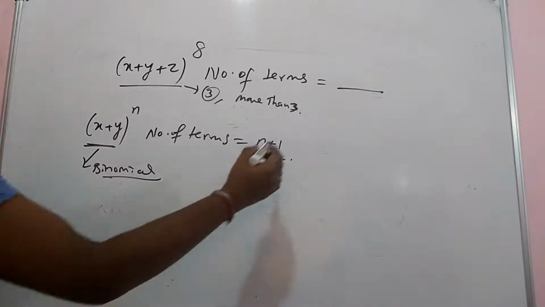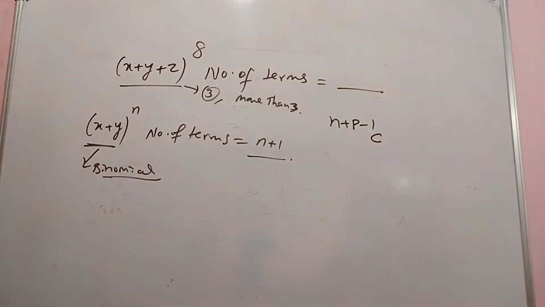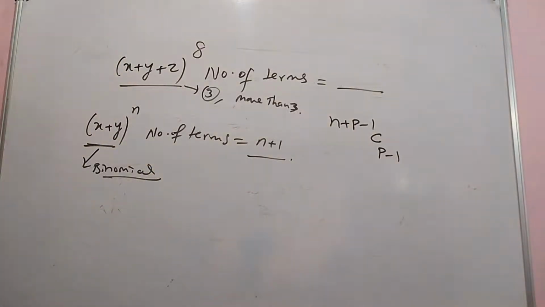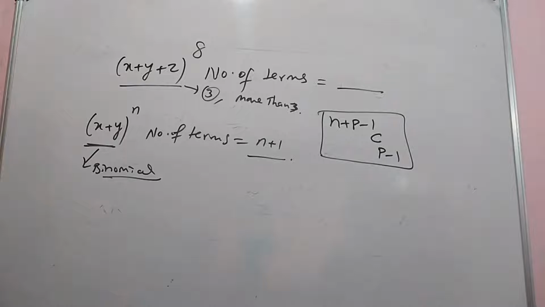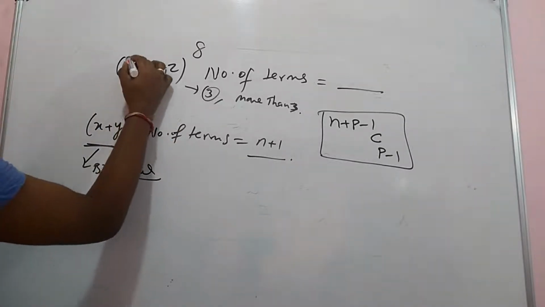That concept you need to use: n plus p minus 1 C p minus 1, or you can use r minus 1. You can use r or p, anything here. This formula will give you the number of terms of any expansion. Here p indicates the number of terms, that is x, y, z.